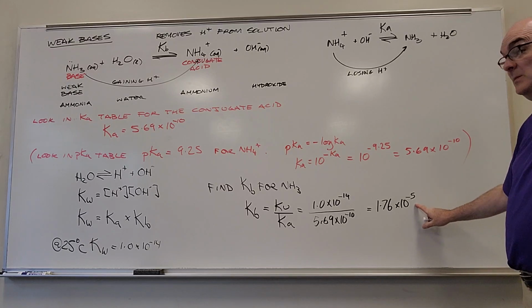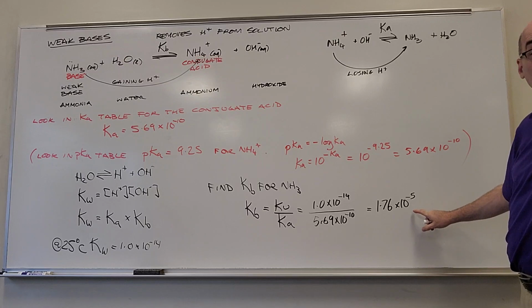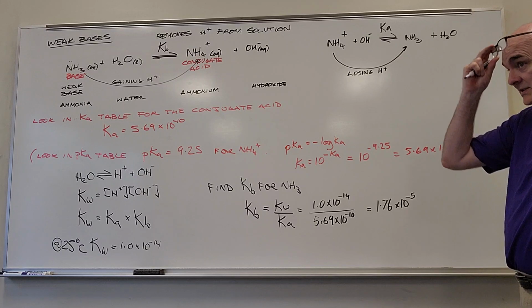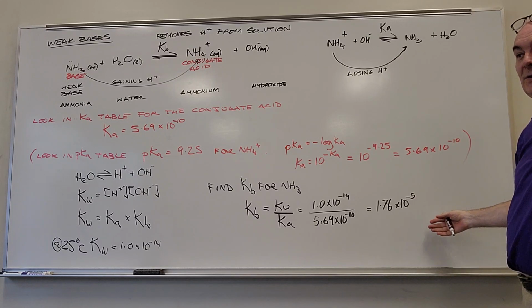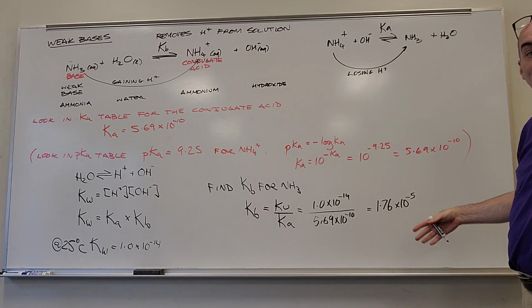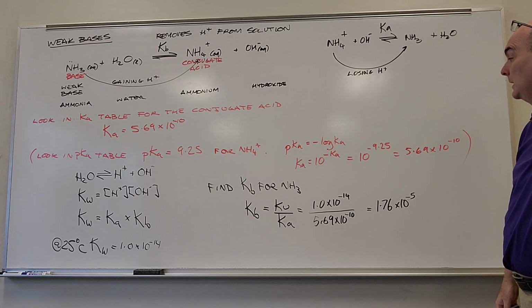This is on par with the Kas that we've seen for weak acids. Our weak acids typically have been 10 to the negative 4, 10 to the negative 5. So that tells us that ammonia is about as weak a base as most of our weak acids are.